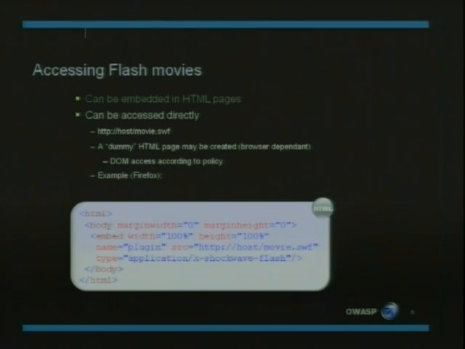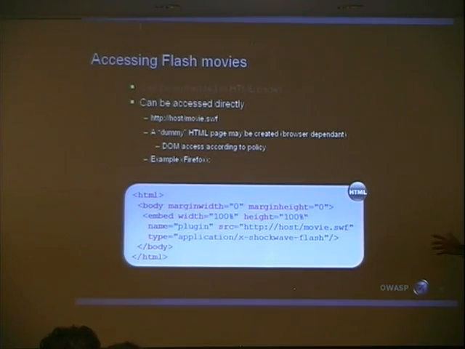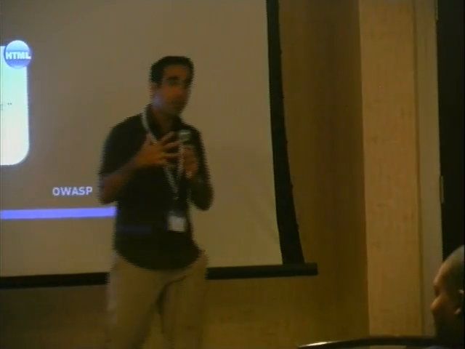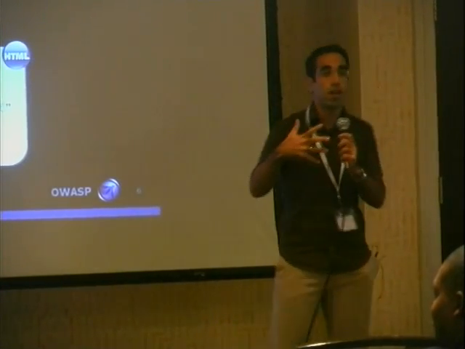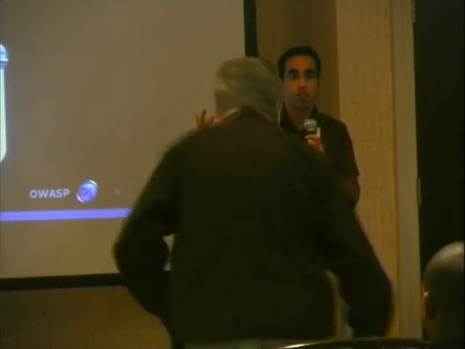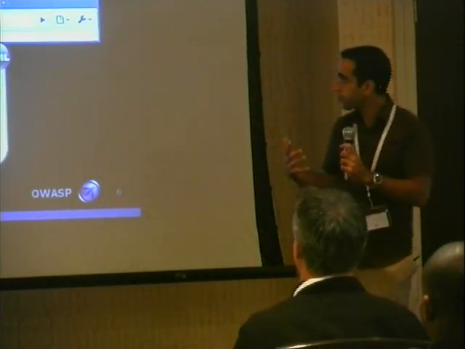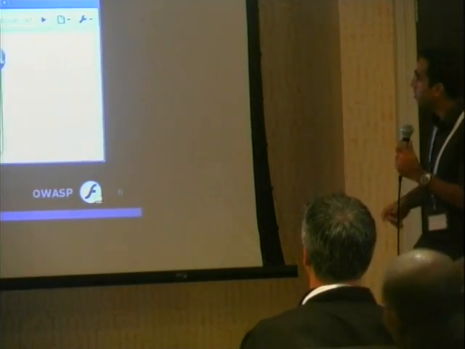And this can be done in different ways. Some of the browsers, such as Firefox or Google Chrome, will automatically create an HTML file and have this embed tag with the source of the location of the file that you browse to. So this automatically generated HTML file will be the HTML that is shown on your browser, but it will only contain the Flash file that you served. So this is an example.